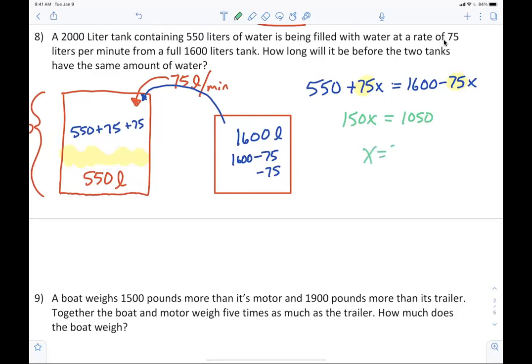X equals 7 what? Yes, 7 minutes it will take for the tanks to have the same amount. Everybody good with that? All right, that was tricky. Hopefully you're getting it.